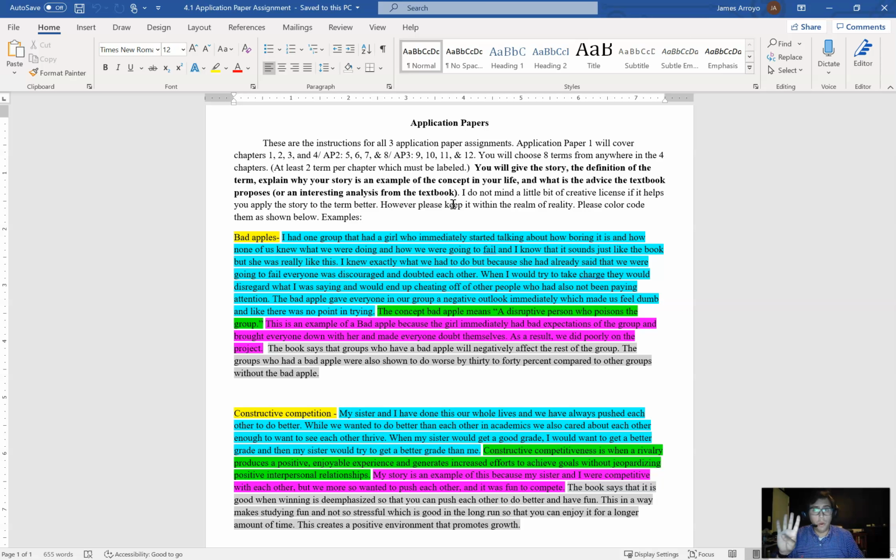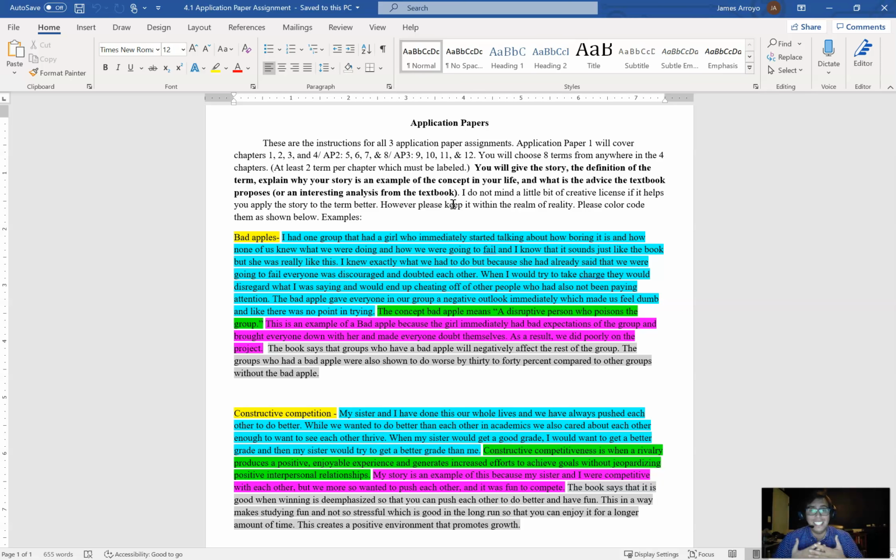Then, the fourth one is where you go into the textbook and you look for any interesting findings that you have. So, here's an example from Bad Apples. This, I believe, is from chapter 1. So, I had one group that had a girl who immediately started talking about how boring it is and how none of us knew what we were doing and how we were all going to fail.